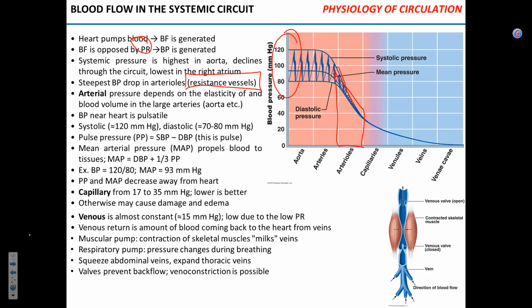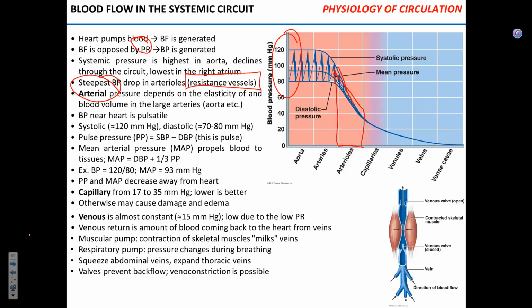Okay? Pressure in the arteries depends mostly on the elasticity of the large vessels. Does that make sense? So when blood is pushed from the left ventricle into the aorta, its elastic walls stretch. And during the ventricular systole, aorta stretches. During the ventricular diastole, it recoils back.